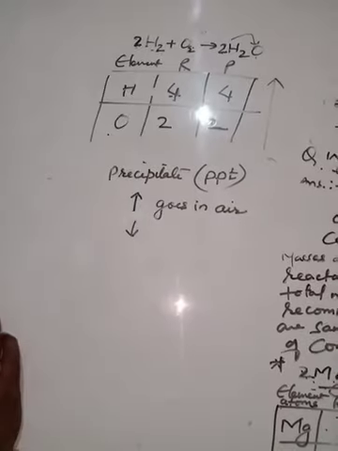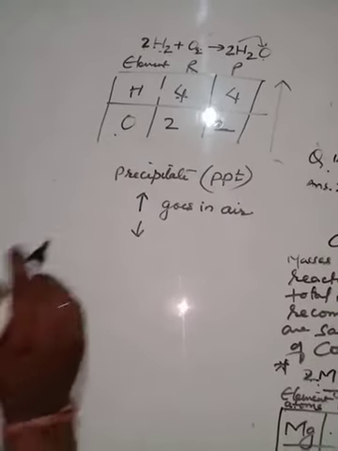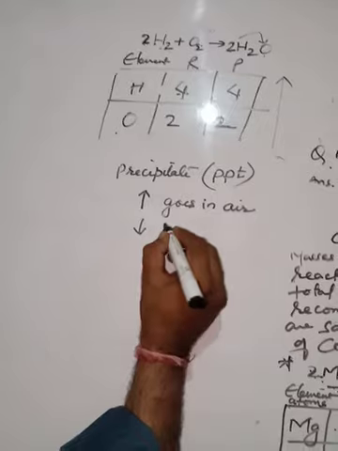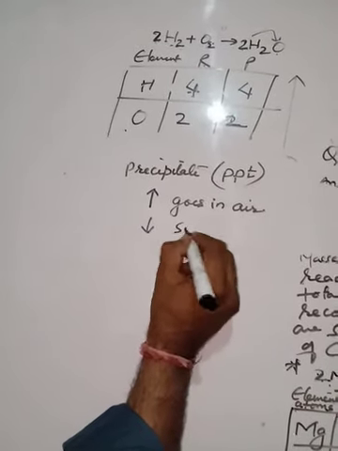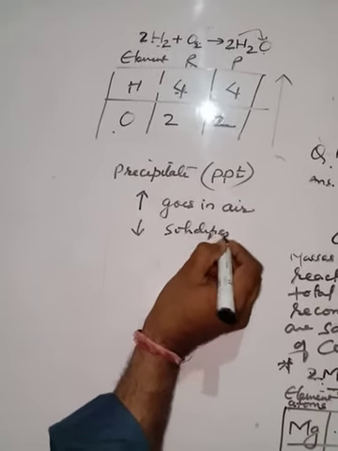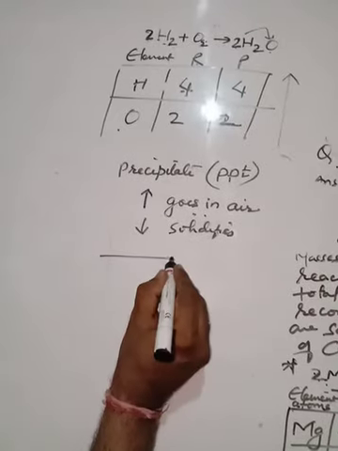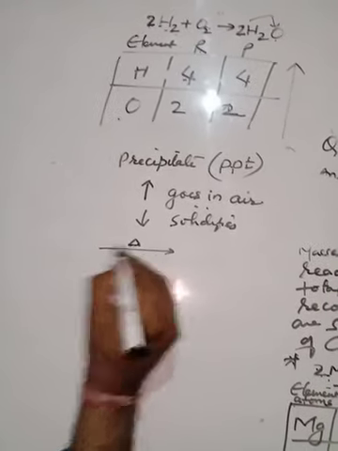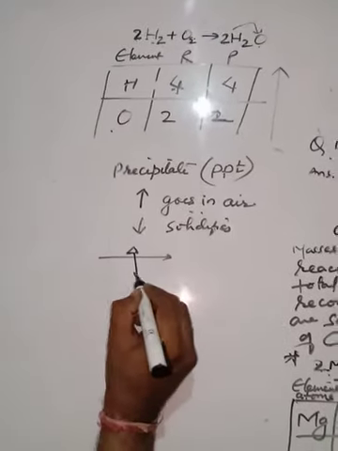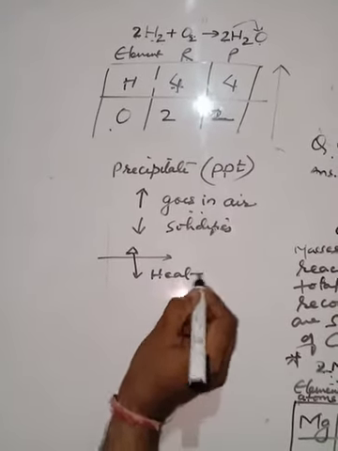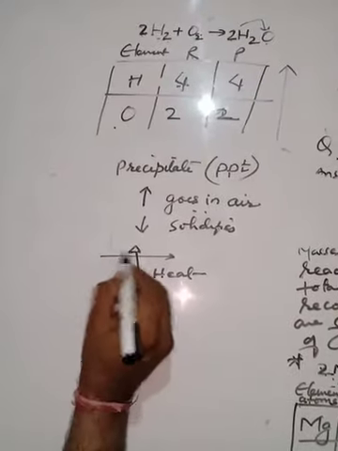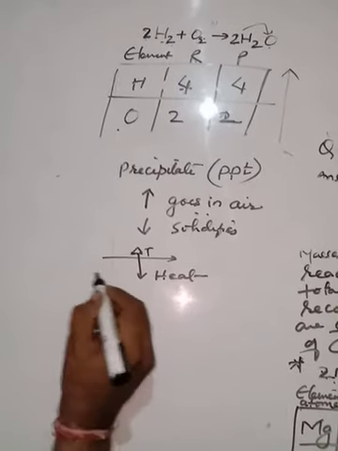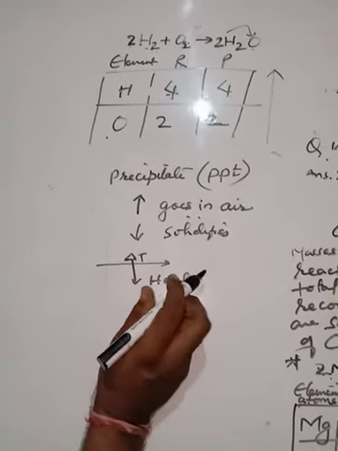If it is marked as a downward arrow, it means the substance solidifies. Now if on the arrow we write delta, it means heat. If we write delta T, it means there is a change in temperature.